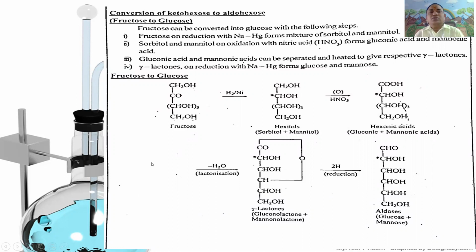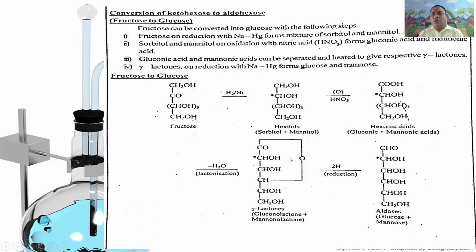In the second step, this sorbitol and mannitol on oxidation with concentrated nitric acid give gluconic acid and mannoic acid, which on heating undergo dehydration to give their respective gamma lactones.